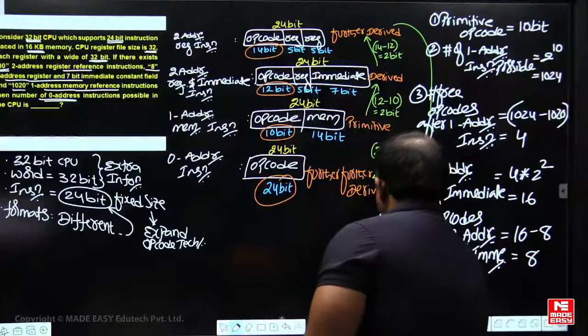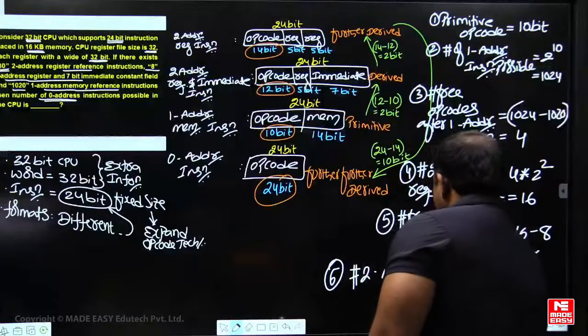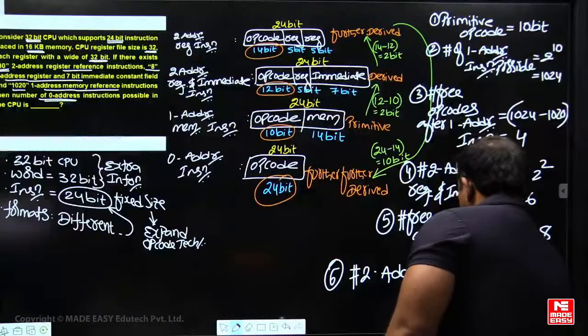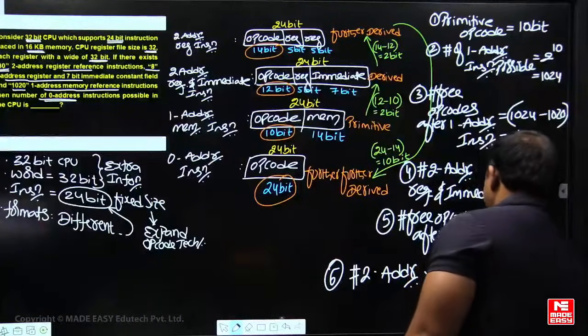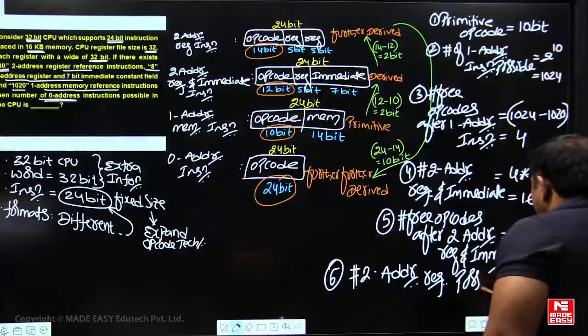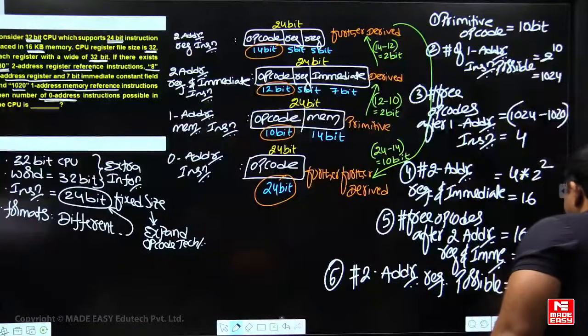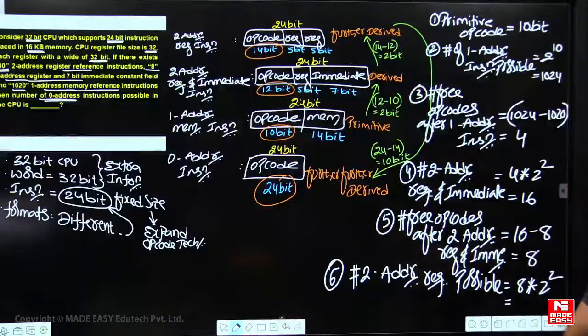Then the sixth one, number of two address register instructions possible: 8 into 2 power 2, equal to 32.